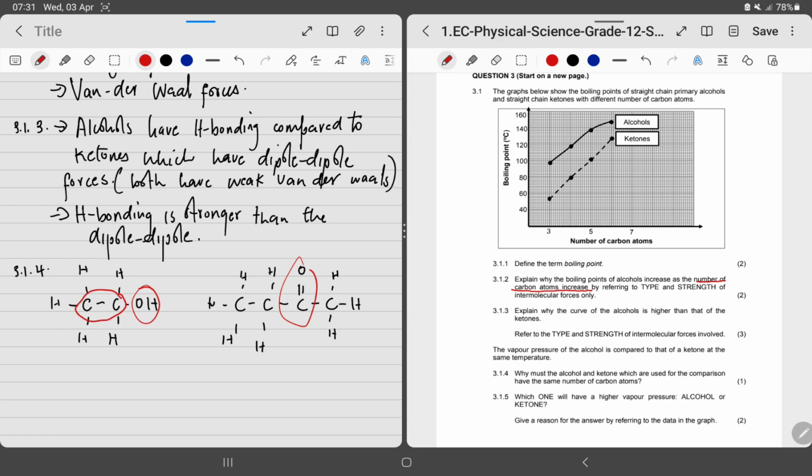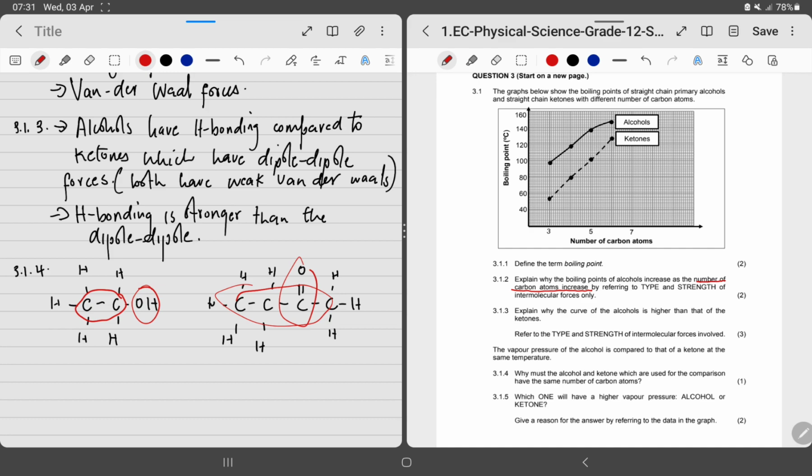there's another factor here that we need to look at. The number of carbon atoms is not the same. So it means that we have 2 independent variables. We will not be able to tell exactly what causes the difference in the boiling point, because for the first one we have 2 carbon atoms, for the second one we have 4 carbon atoms. So it could be the chain length, or it could be the type of intermolecular forces that are involved.